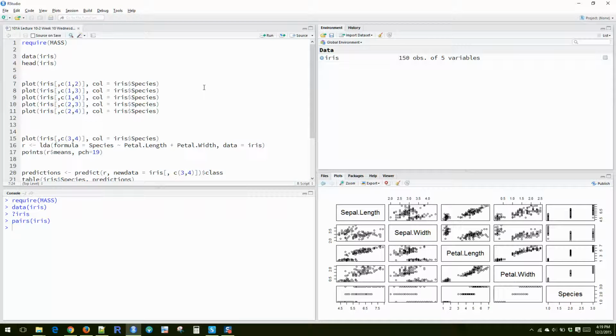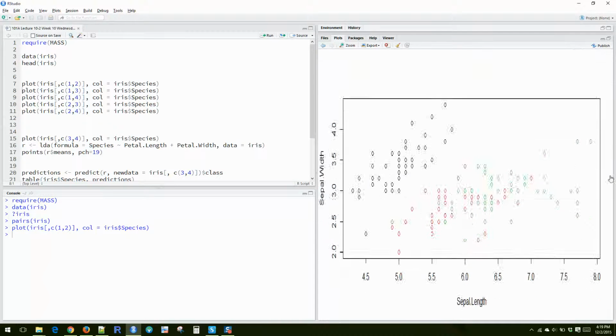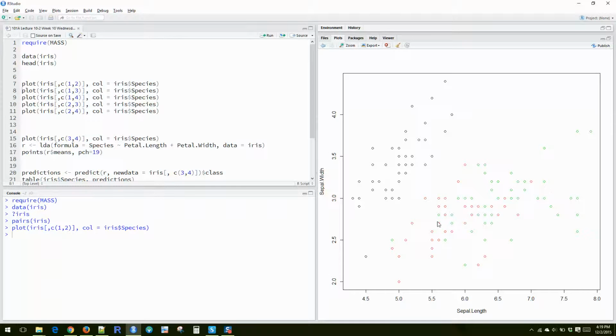So I'm just going to create a plot between sepal length and sepal width, and I'm going to color code them based on their species. Okay, so let me change PCH to 19, just give it a little bit more color there.